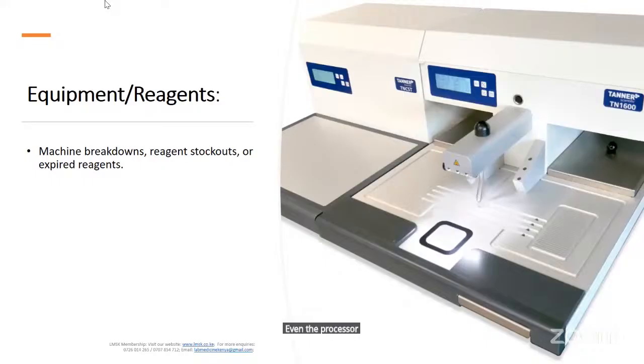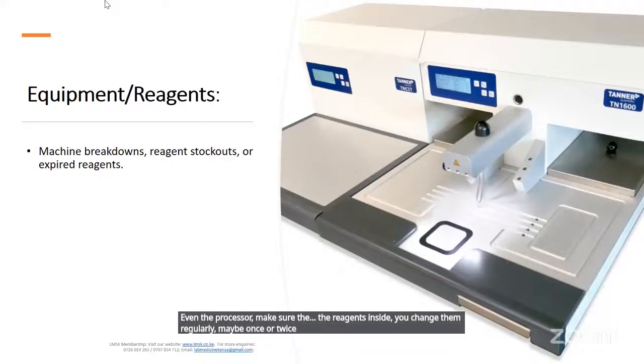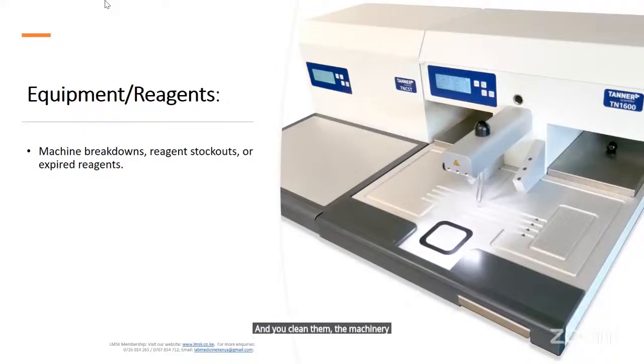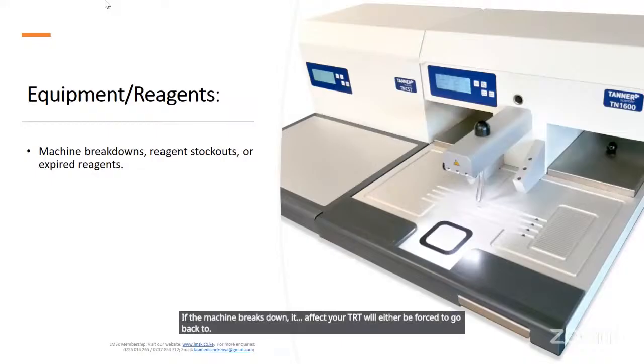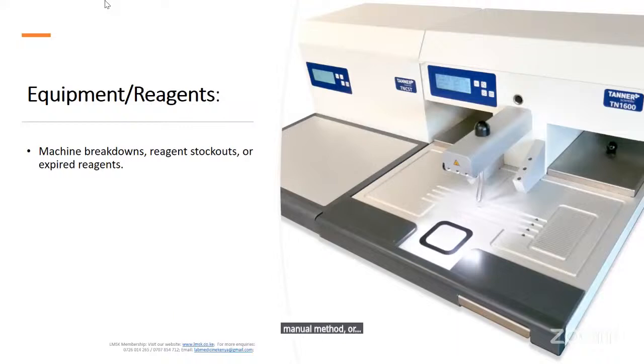Make sure you change the reagents inside regularly, maybe once or twice a week, depending on the workload, and you clean them. The machines are maintained to minimize breakdowns, because when a machine breaks down, it will affect your TAT. You'll either be forced to go back to the manual method or wait for the machine to be repaired. And when you're waiting, you're wasting time.